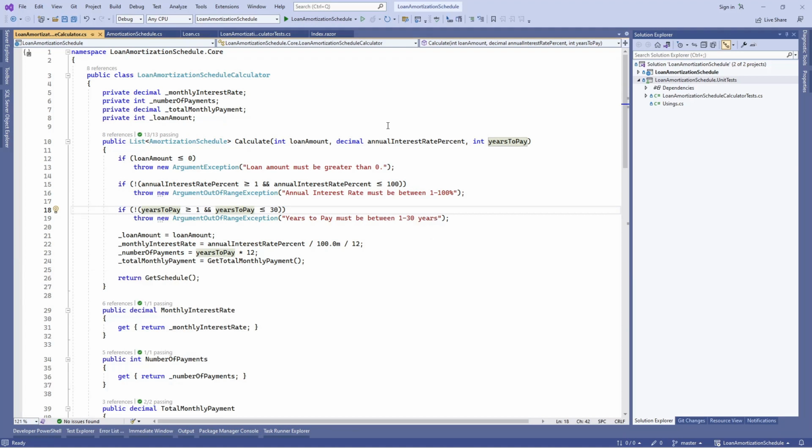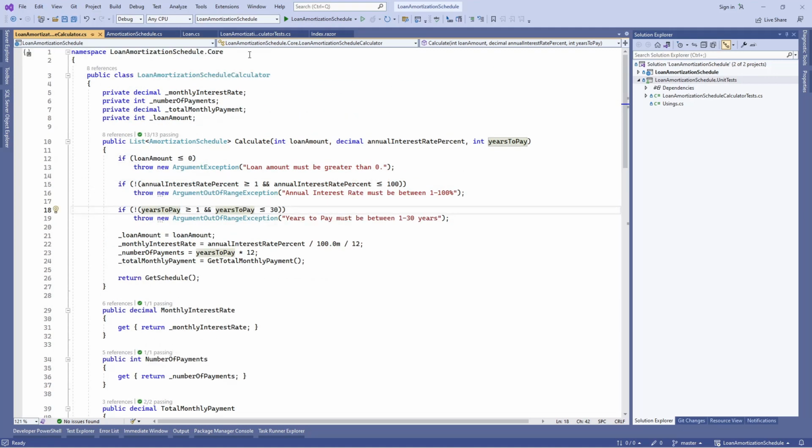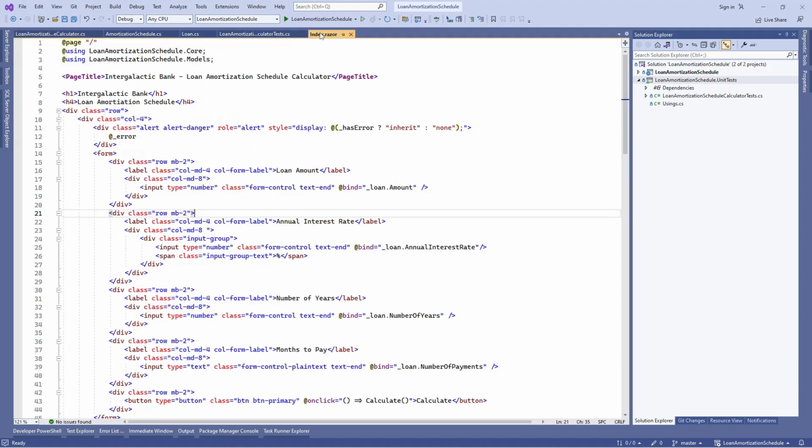Next up is, after we have done the logic for our calculator, we do the UI. So we have here our index page, where we have placed our UI code.